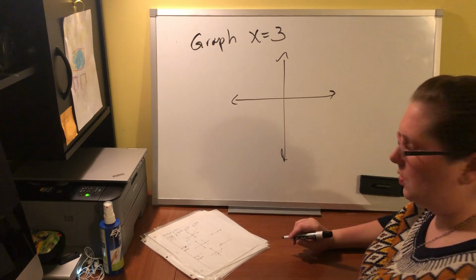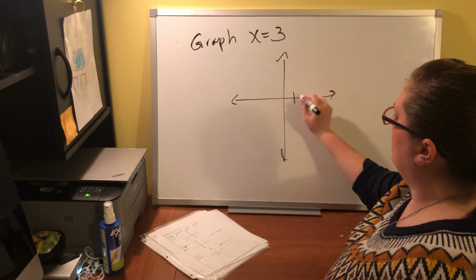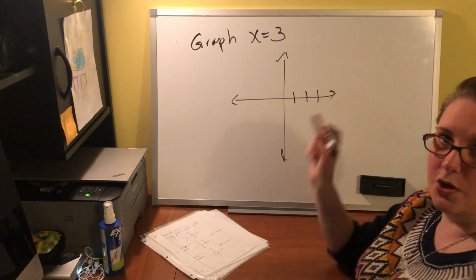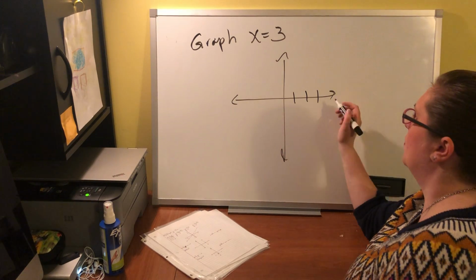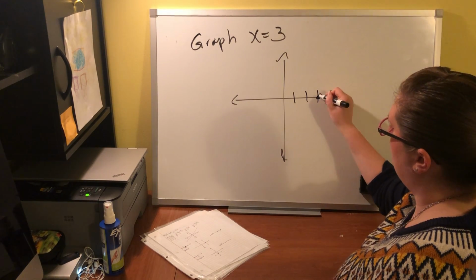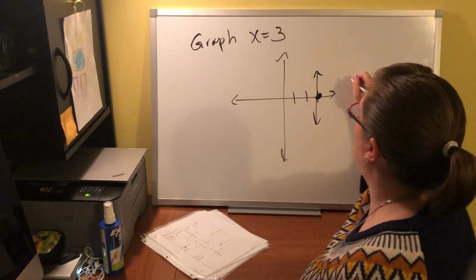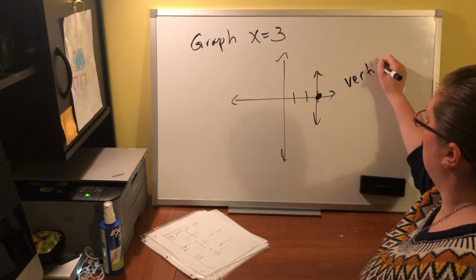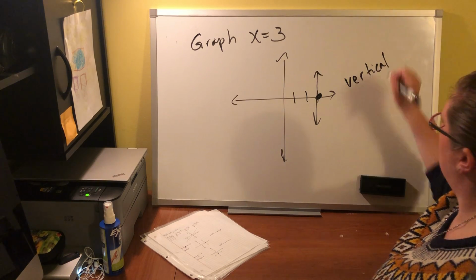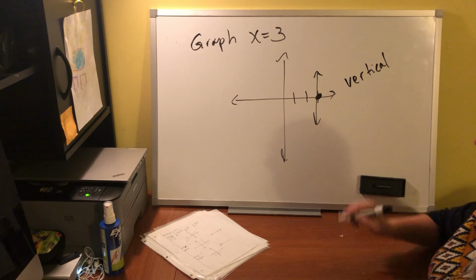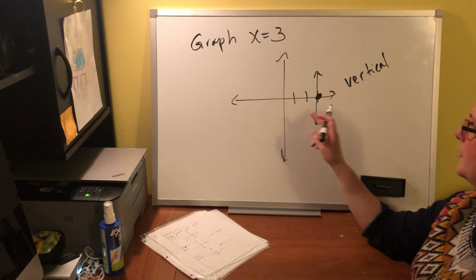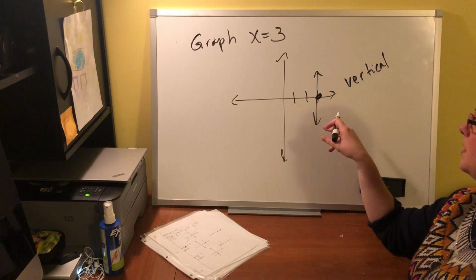On a rectangular coordinate system, x tells you to go right and left. So this is telling you to go right 3. And your graph will be vertical, okay?